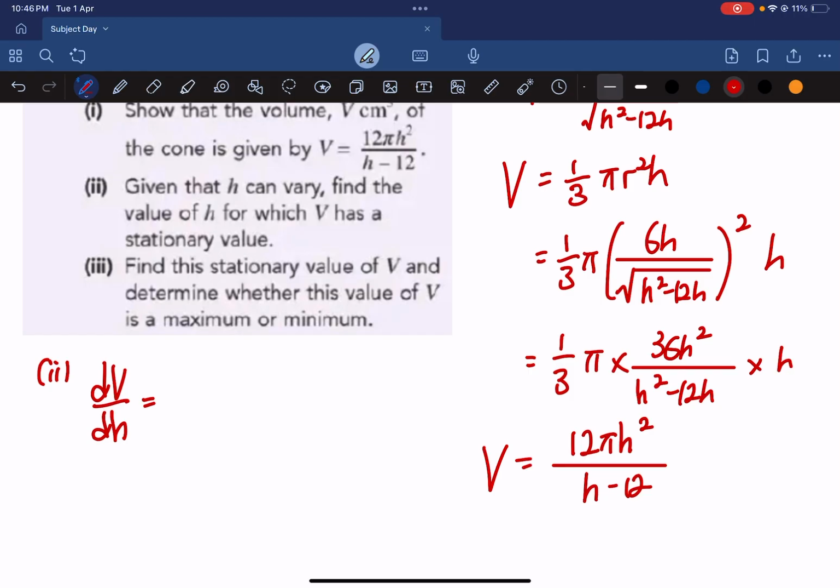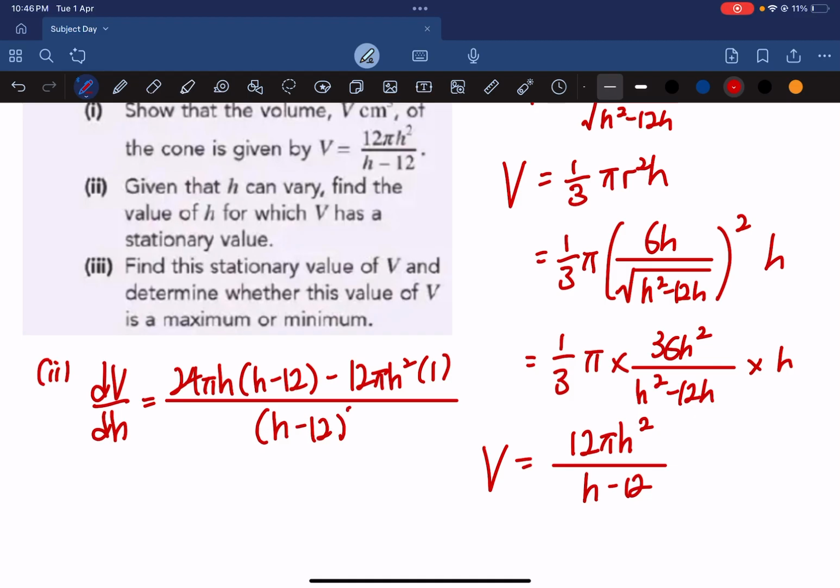So differentiate, this is simply 24 pi h times (h minus 12) minus 12 pi h squared times 1, then the whole thing divided by the denominator squared, which is (h minus 12) the whole thing squared.